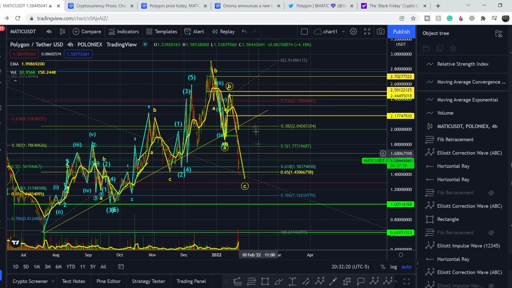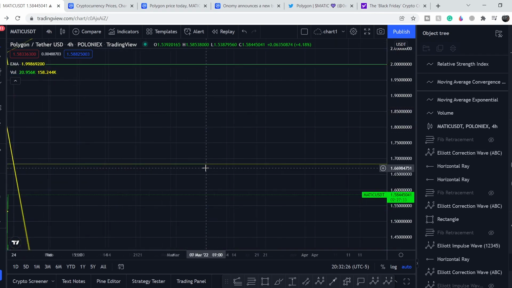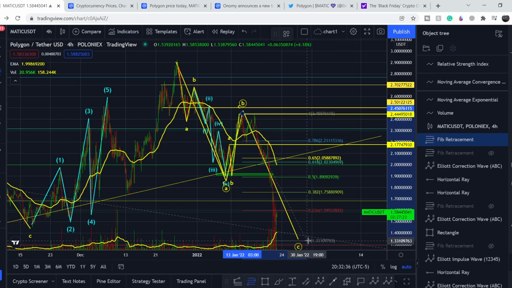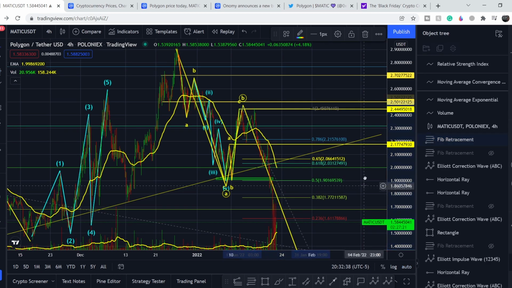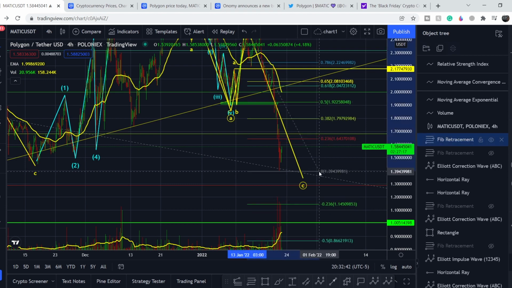And this bounce might lead to, let me show it to you. Again, I don't need this tool for now. Let me zoom in again a little bit. And we have to retrace the entire wave to the downside. And for this case, I pull the Fibonacci retracement tool from this top to this bottom, where we have the bottom right now. And it is right here.